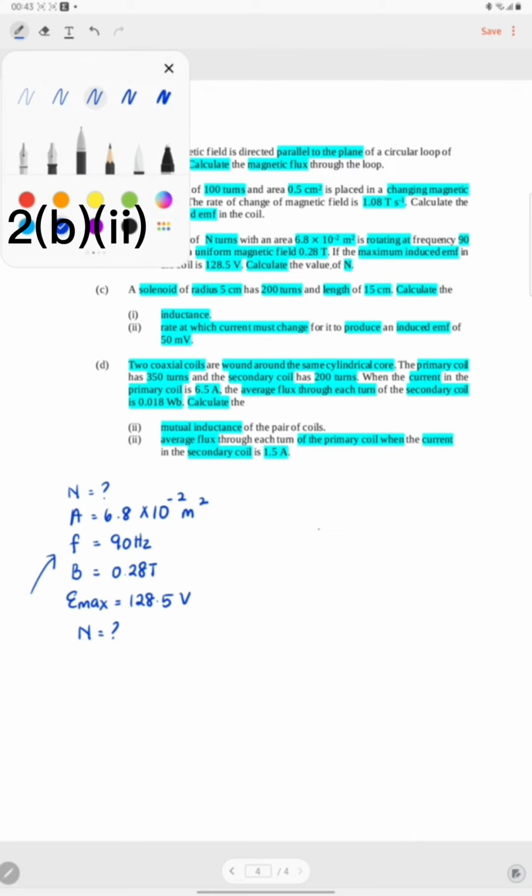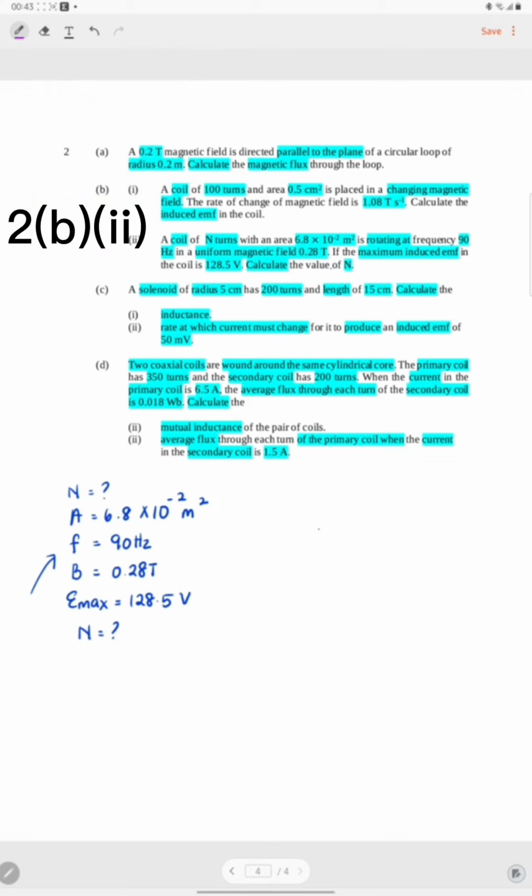Now, the concept that we need to know is that the induced EMF is maximum if theta is equal to 90 degrees. The theta here is the angle between vector B and vector A. The question asks us to determine the number of turns.